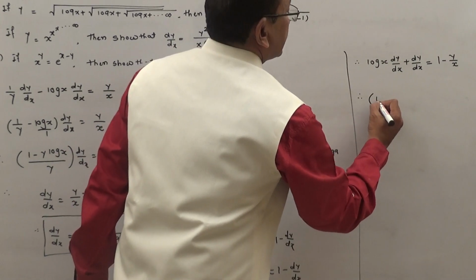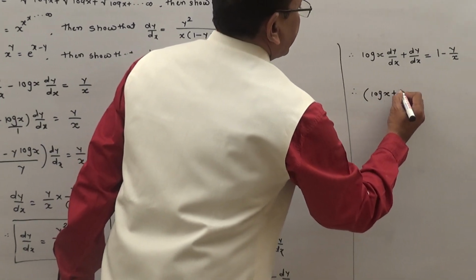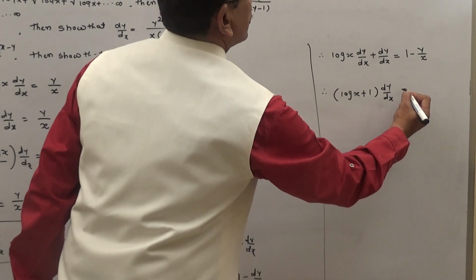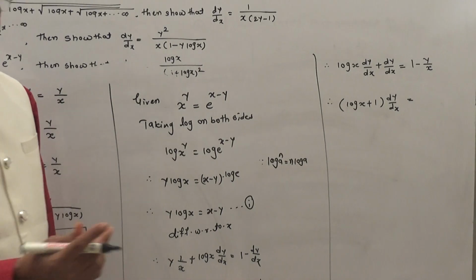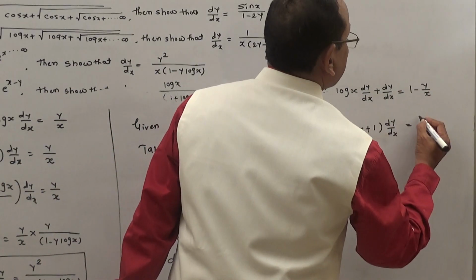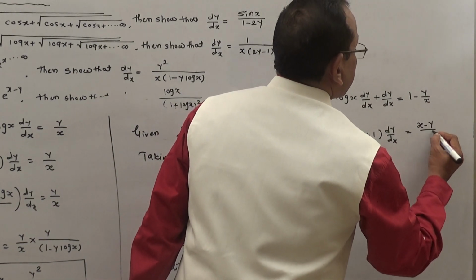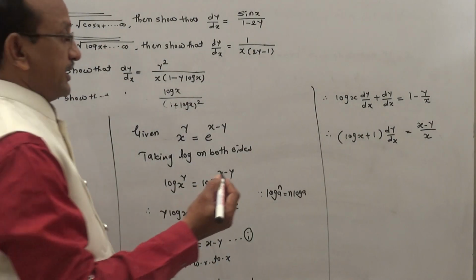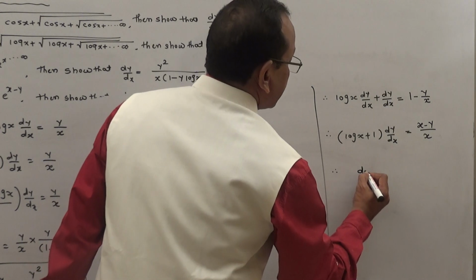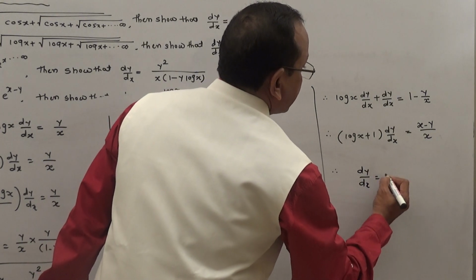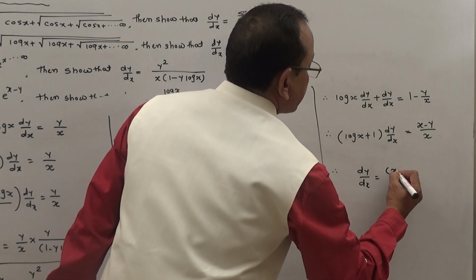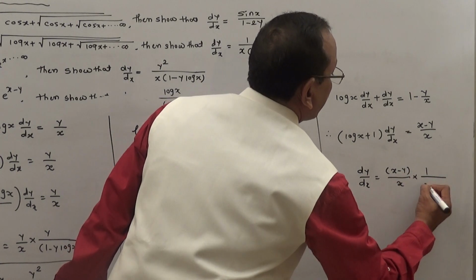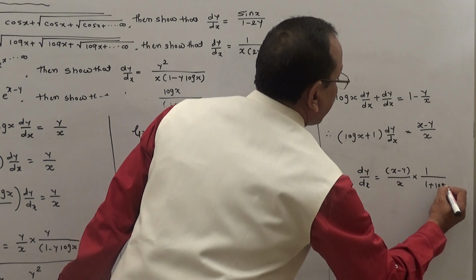Then take common. So log of x plus 1 dy by dx is equal to, by taking LCM by cross multiplication, x minus y upon x. By taking reciprocal, dy by dx is equal to x minus y upon x into 1 upon 1 plus log of x.